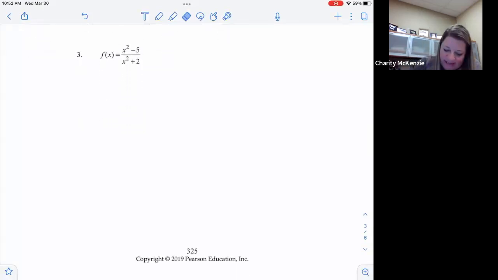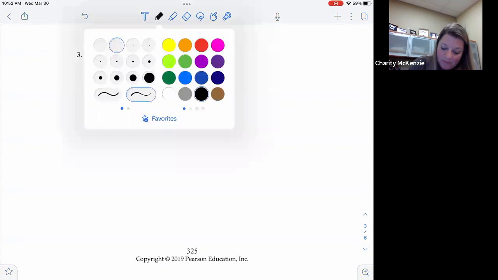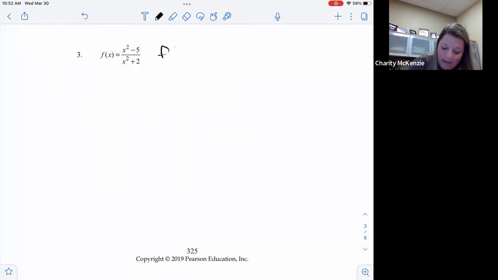Okay, here's our second problem. I like this one too because the rational expressions kind of throw people for a loop a little. So when we start to do the first derivative, we better remember our quotient rule.